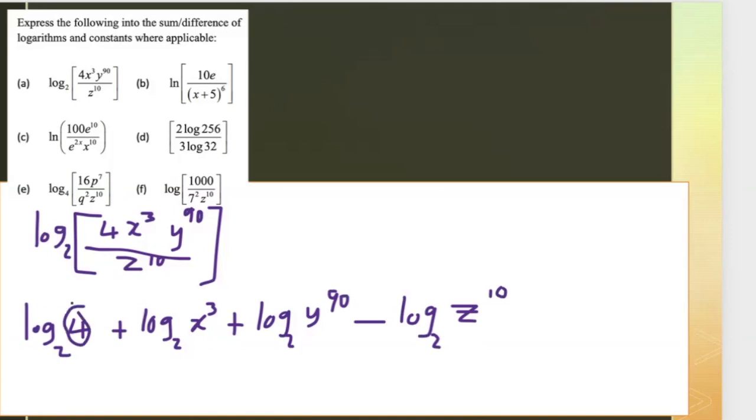Now 4 is the same thing as saying 2 to the 2. So I'm just going to carry this power in front. So I have 2 log base 2 of 2. So 4 is 2 to the 2, and the power can be brought in front. And then we can also carry these in front.